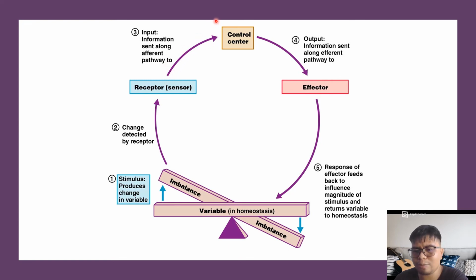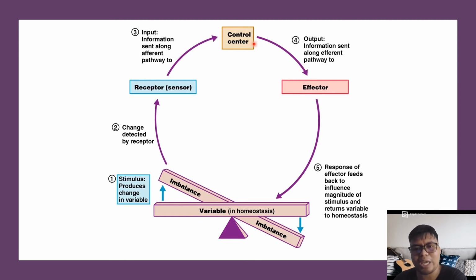The afferent pathway are your peripheral nerves, the peripheral nervous system. Then the information will be sent to the central nervous system. The central nervous system is the control center. It determines the specific course of action that your body is going to take.